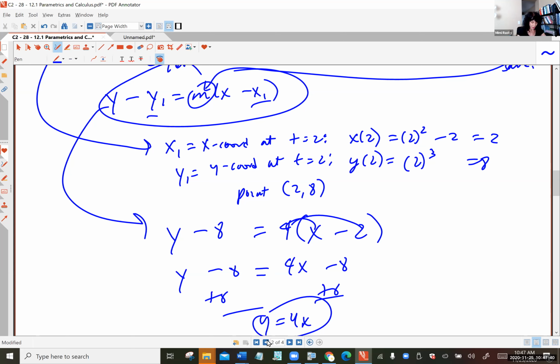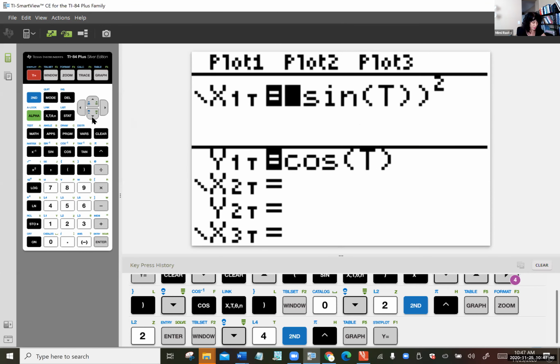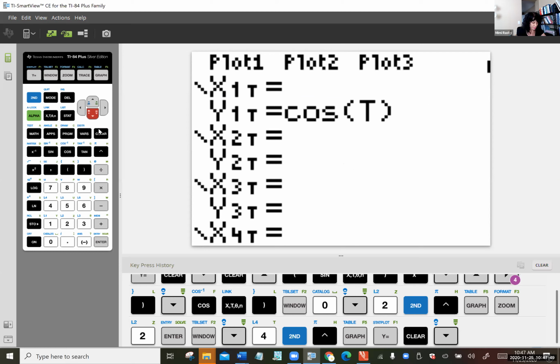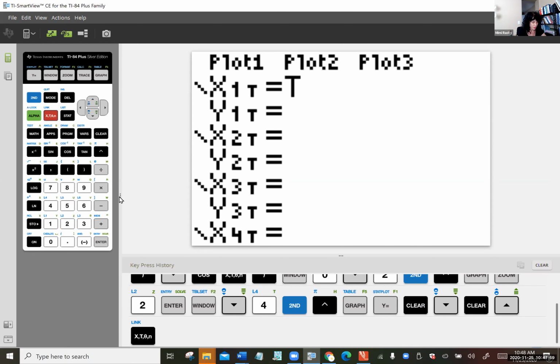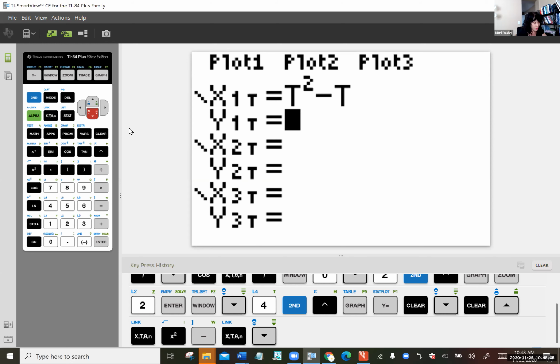So if you did go to your graphing calculator for kicks and giggles here, and you graph this set of parametric equations to get the curve, and then we'll look at the point that they're asking us to find this tangent line to. So let's see, the x parametric equation was t squared minus t, and then the y was t cubed.